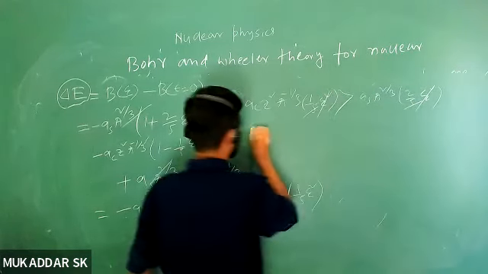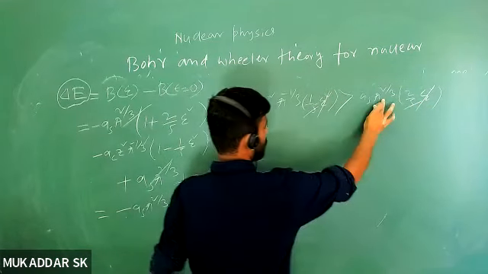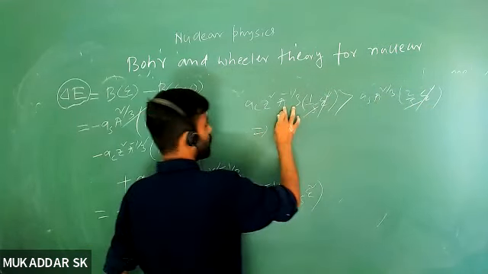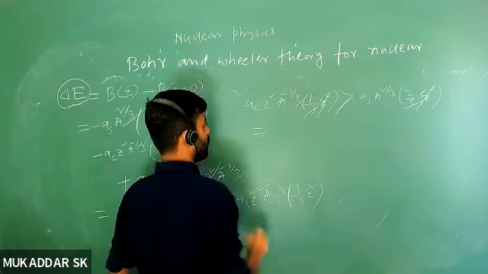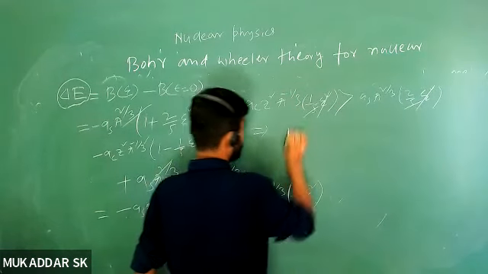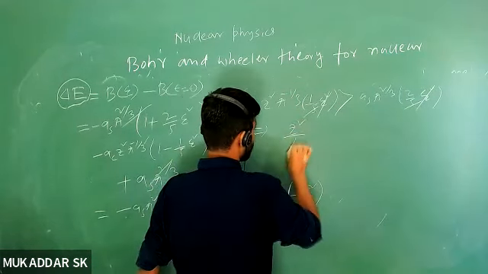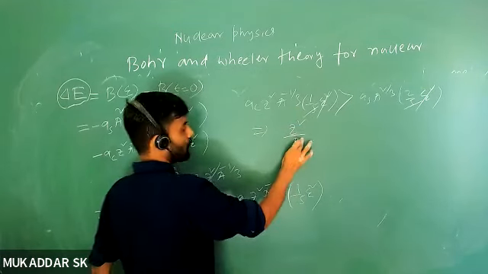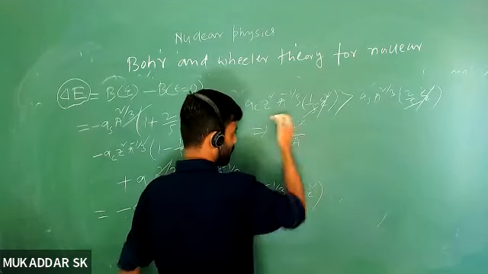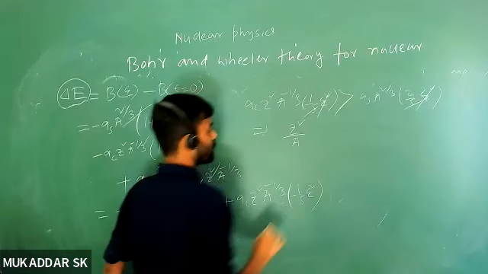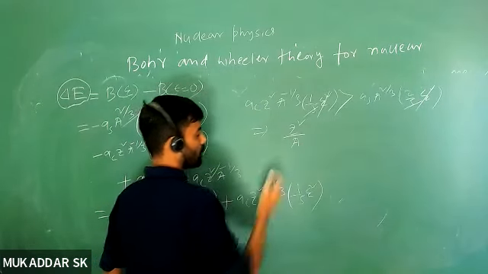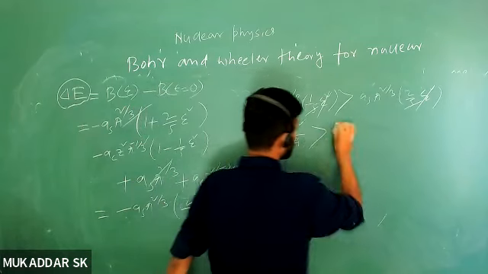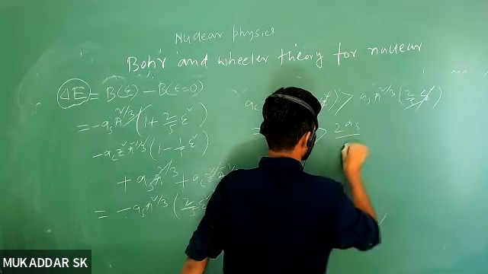So this is A to the power 2 by 3, this is A to the power minus 1 by 3. If you rearrange it, you will get Z square by A, because this will give you A to the power 1 by 3. If you bring this to this side, you will get A to the power 2 by 3. So 1 by 3 by 2 by 3 will be how much? 1. So that should be equal to twice a_s by a_C.